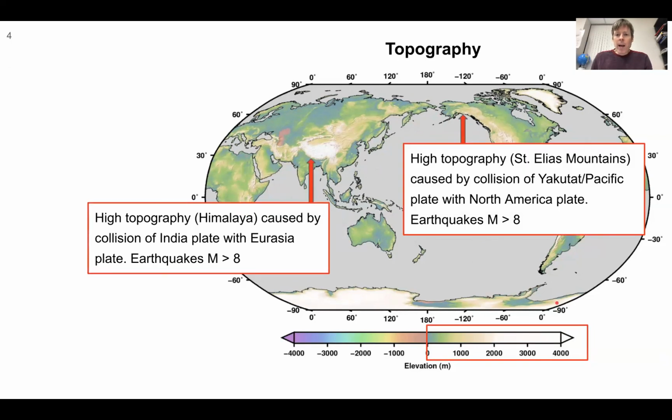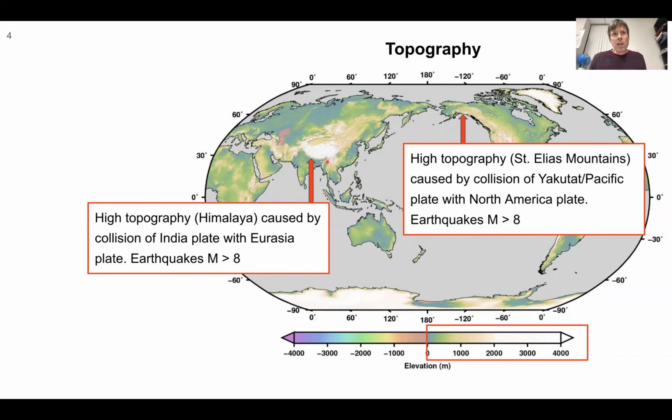We can look at some high topography regions, two here, one in the Himalayas caused by collision of India plate with Eurasia plate. We saw this animation earlier of how this happened over millions of year time scale. And today there are earthquakes greater than magnitude 8 that occur and associated with this tectonic process.